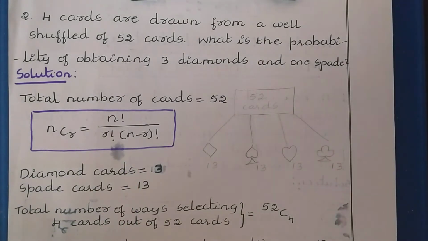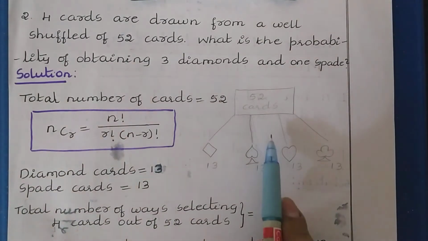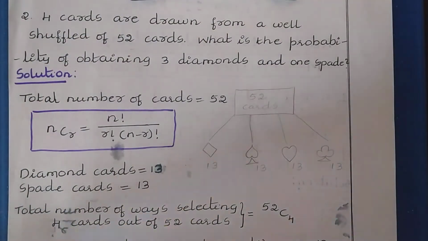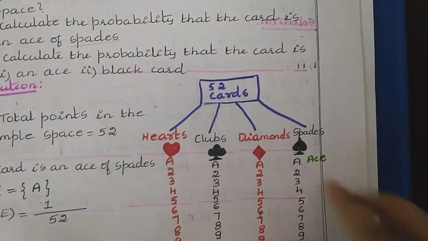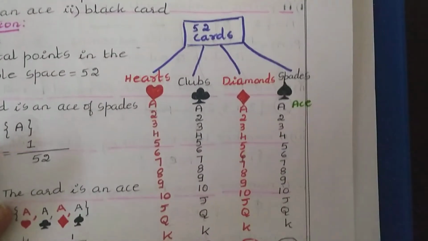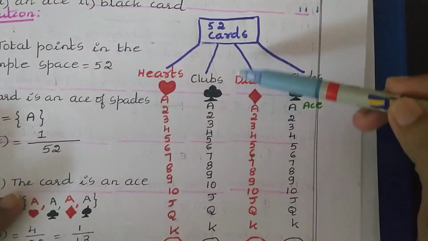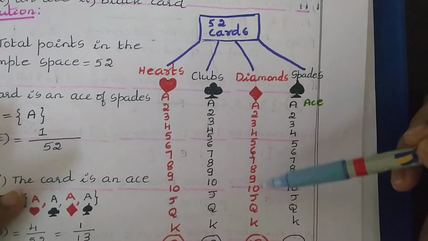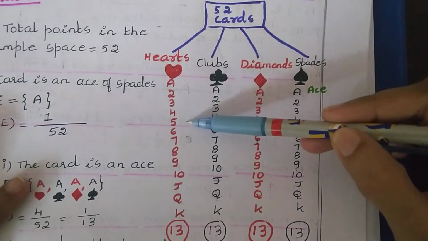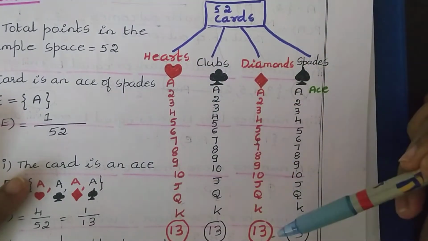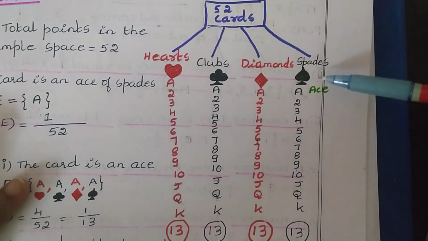So now first here we know that whenever we consider a card play game, in the card play game we have totally 52 cards. We have discussed that in exercise 16.3 question number 4. The card play game actually has 52 cards, among which we have 13 hearts, then 13 clubs, then 13 diamonds and 13 spades.